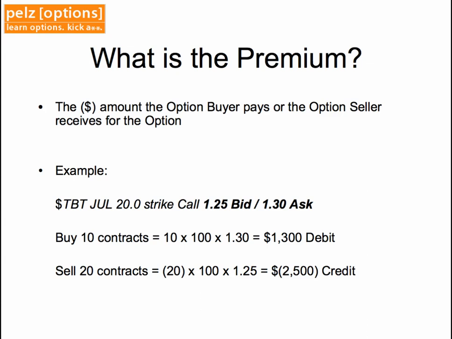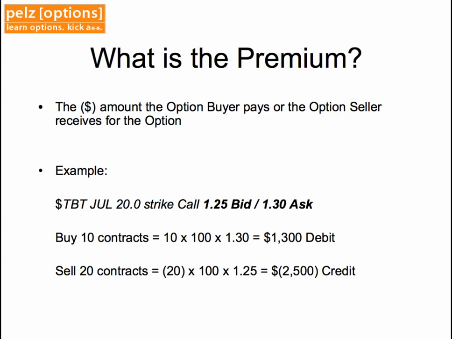What does that mean? Well, if we buy 10 contracts, that'd be 10, the number of contracts, times the multiplier, which is 100, times the premium, which is 1.30, and that would be $1,300, which we would buy, therefore it is a debit.